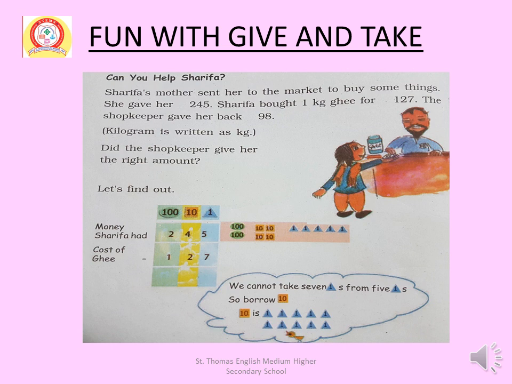We cannot take 7 ones from 5 ones, so borrow 10. Why can we not take 7 from 5? Because 5 is smaller than 7. I will explain how we do the subtraction in the next slide.